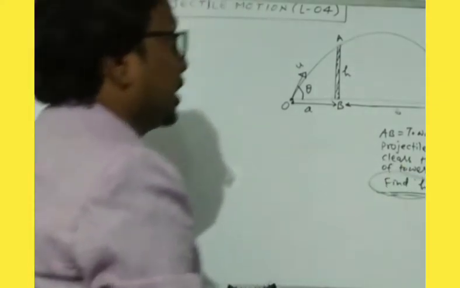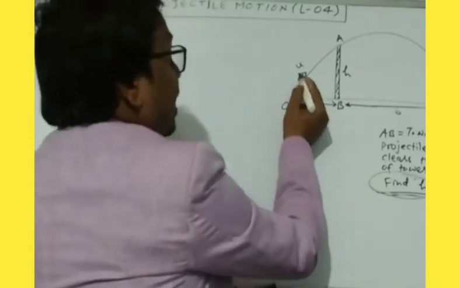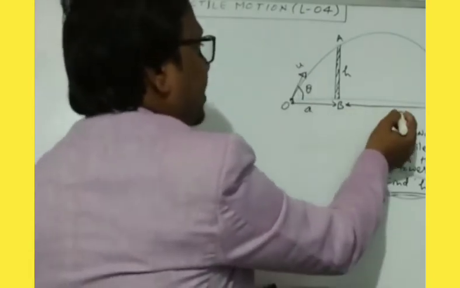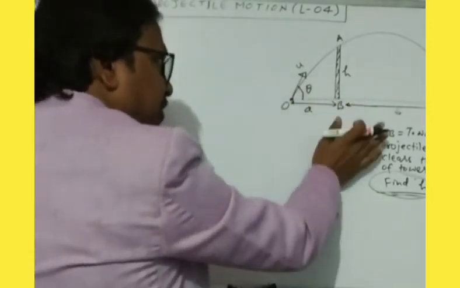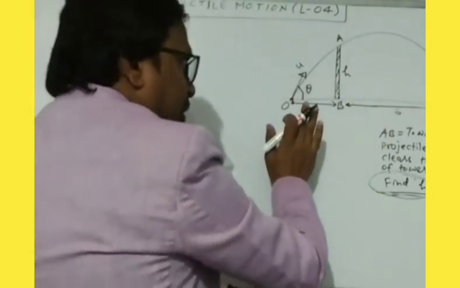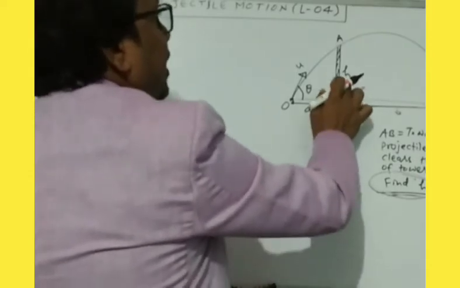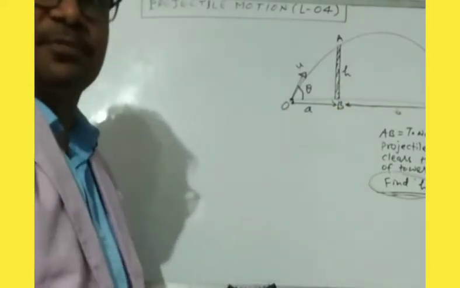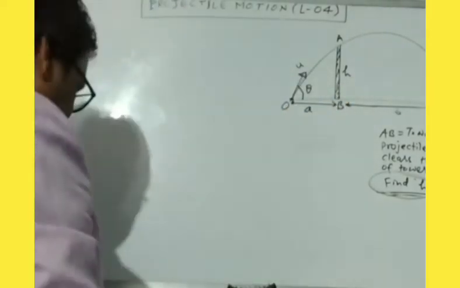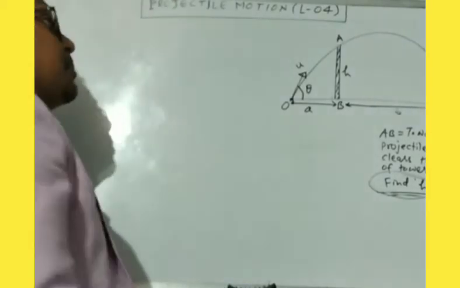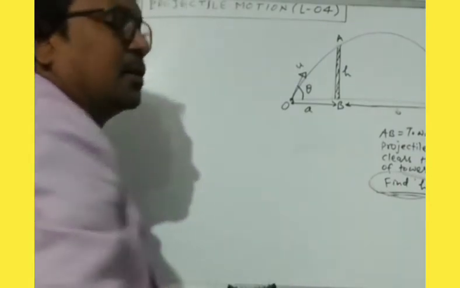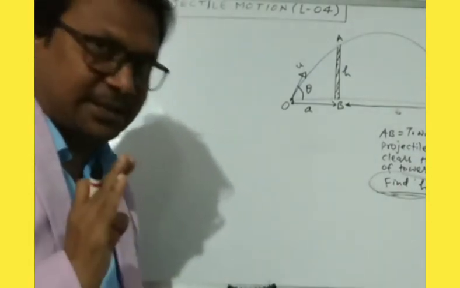You have been given theta, u, a and b. With the help of this information, we need to find height h of the tower. This numerical can be solved with the help of two methods.